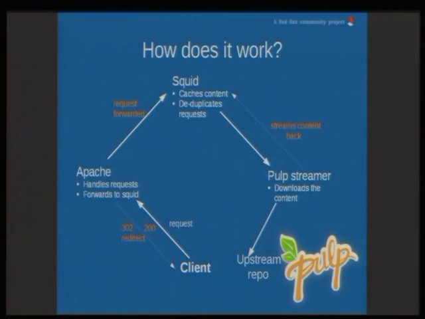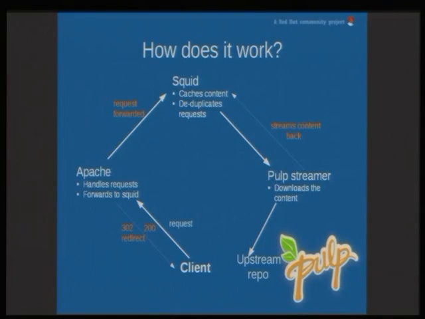One nice thing about all this process is once the Pulp streamer finished its download, it makes a record into the database and says, hey, I downloaded this file, and I make this notice to Pulp. So at this point, Pulp knows that this content was downloaded. And every 30 minutes, but I think it's configurable, there is a task.